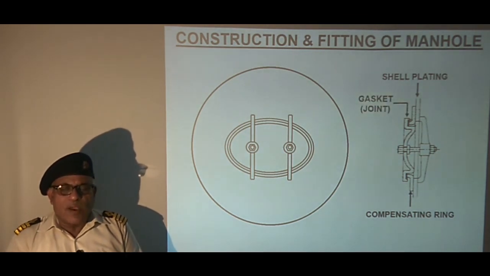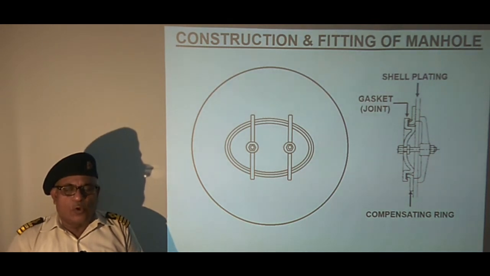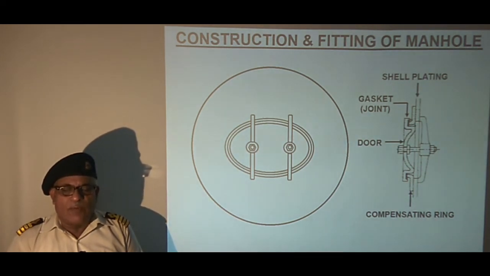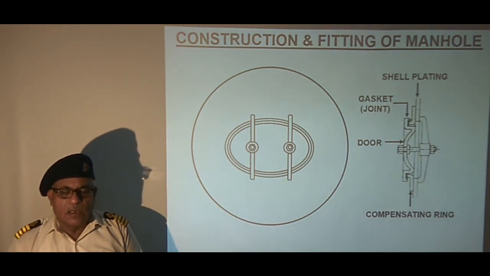A gasket is provided between the landing face of the door and to prevent steam leakage. The door is attached with two studs to secure it with the help of dogs tightened by the nuts, which can be seen here.